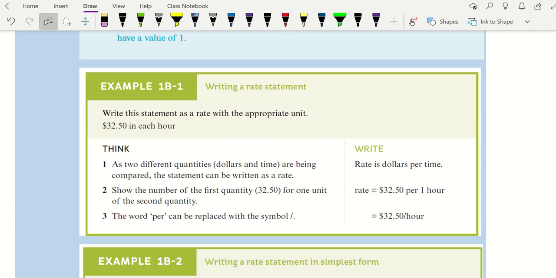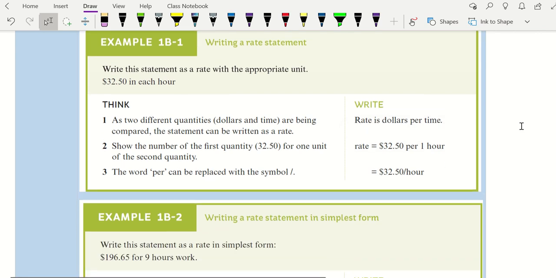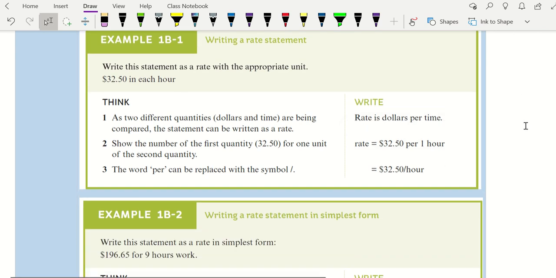Now, let's have a look here. We want to do two worked examples, then I'll get you to take some notes. So we want to write a rate statement with the appropriate unit. So for example, $32.50 in each hour. What we're really saying is $32.50 per hour, and that's divided by an hour. So what we're going to do is express our $32.50 at the front.